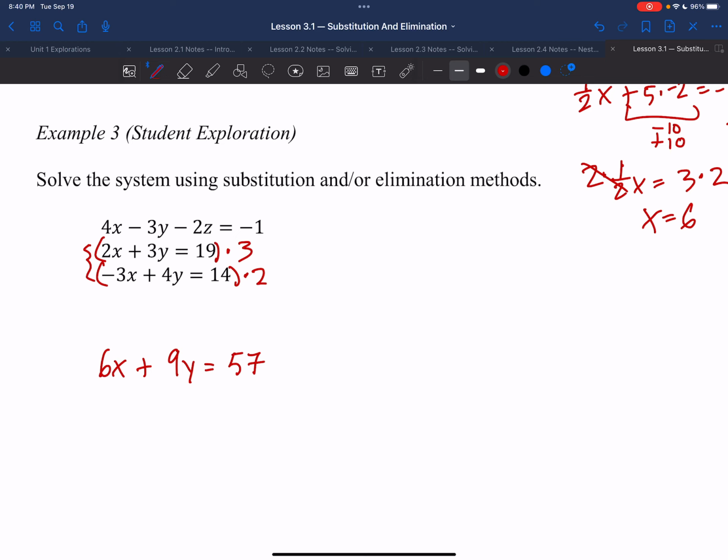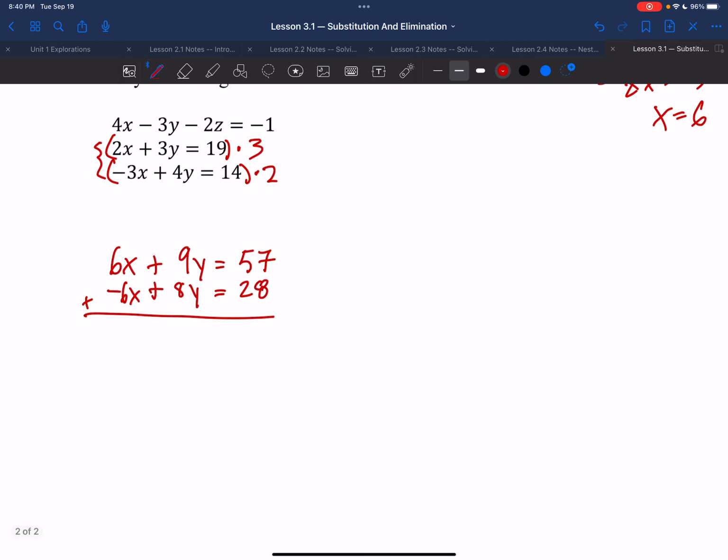And then negative 3x times 2 is negative 6x, and 4y times 2 is 8y, and 14 times 2 is 28. Then I will add these together, and I will notice something magic happen. The x's are eliminated. The y's combine to be 17y equals 57 plus 28.